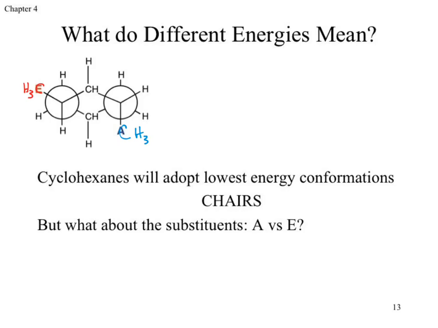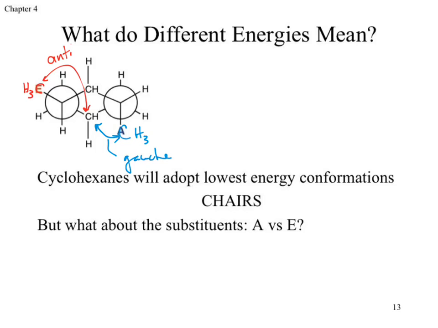My blue methyl, or A, or my red methyl, or E? E is lower in energy because if I look at its Newman projection, we're projecting to that carbon. And that is an anti-conformation. Whereas if we look at the blue, it's a gauche.